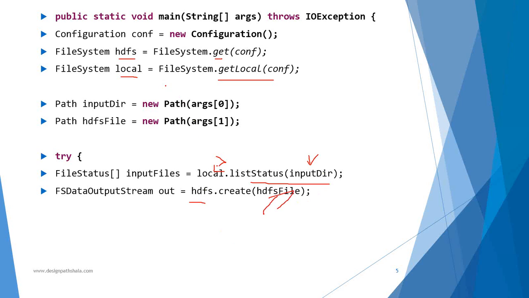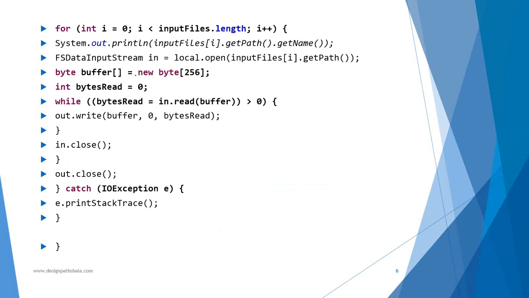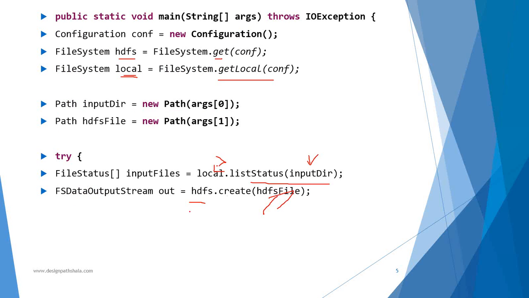So hdfs is an object to the HDFS file system, local is an object to the local file system. And here I'm looping over all the files in my local directory, reading byte by byte and writing each byte to the output, which is nothing but the HDFS output stream.